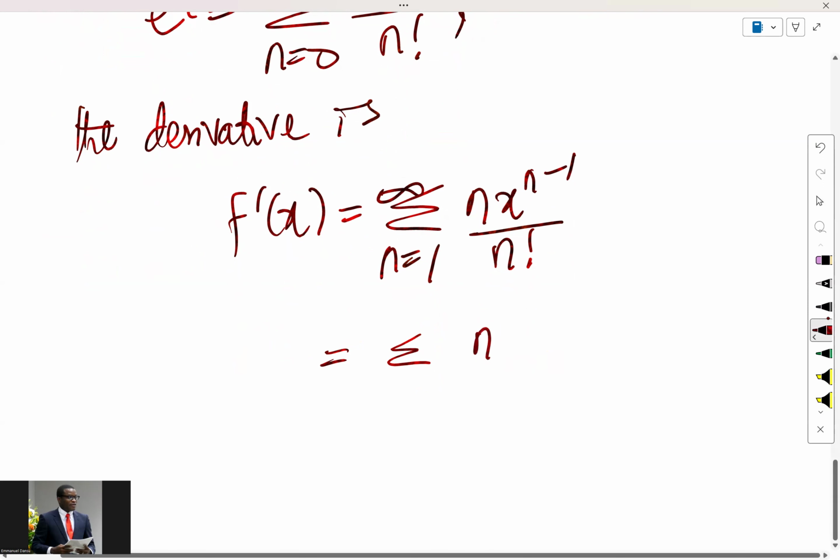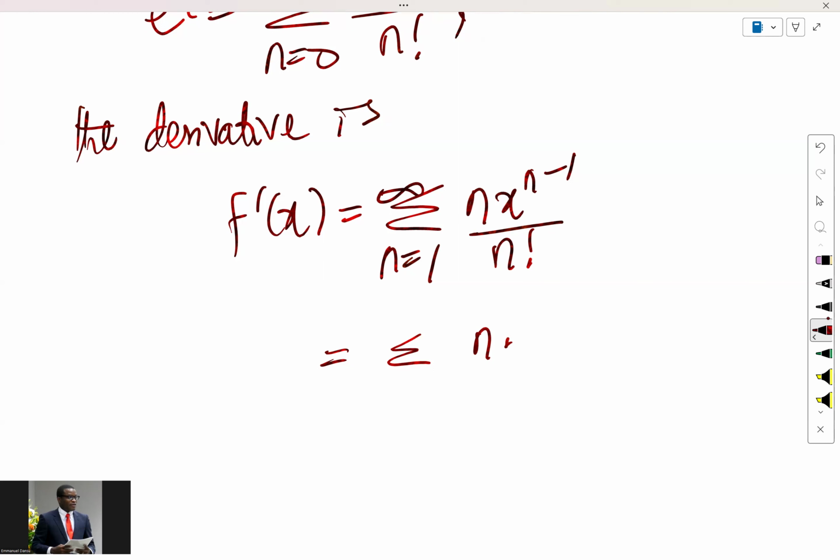You have n times x. So you're taking it a step back. Okay, let's do it this way, so the picture can be clear. So n equals 1. Okay, so this is nx raised to n minus 1.